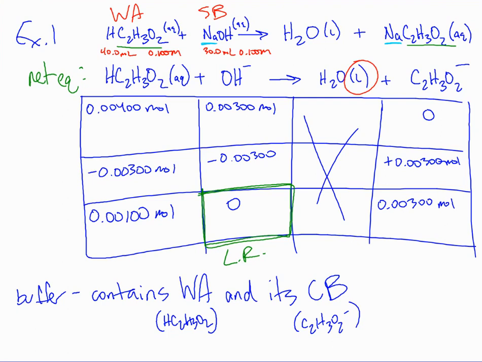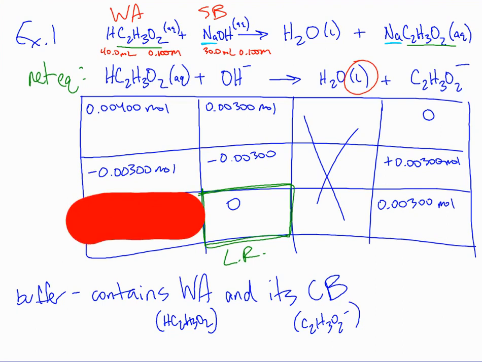So let's imagine for a second, make this real big. Let's imagine that we didn't have any of this acetate there. All we had left was acetic acid. What kind of solution is it now? It's an acid solution. Or let's imagine that there was a bunch of hydroxide, so we used all of this and there was this left over.